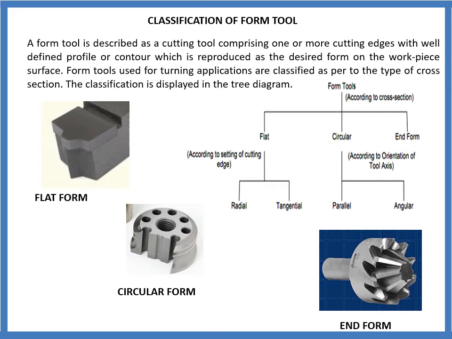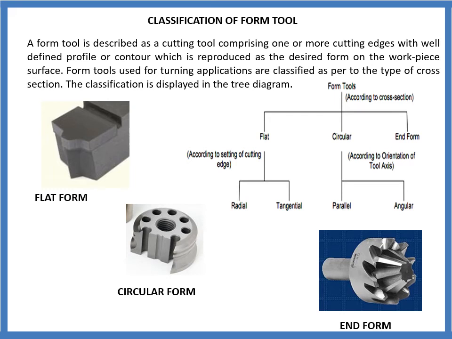And the flat tools are basically classified according to the setting of the cutting edge. That means it can be radial or tangential. And circular form tools are classified based on the orientation of the tool axis. That means it could be parallel or angular.